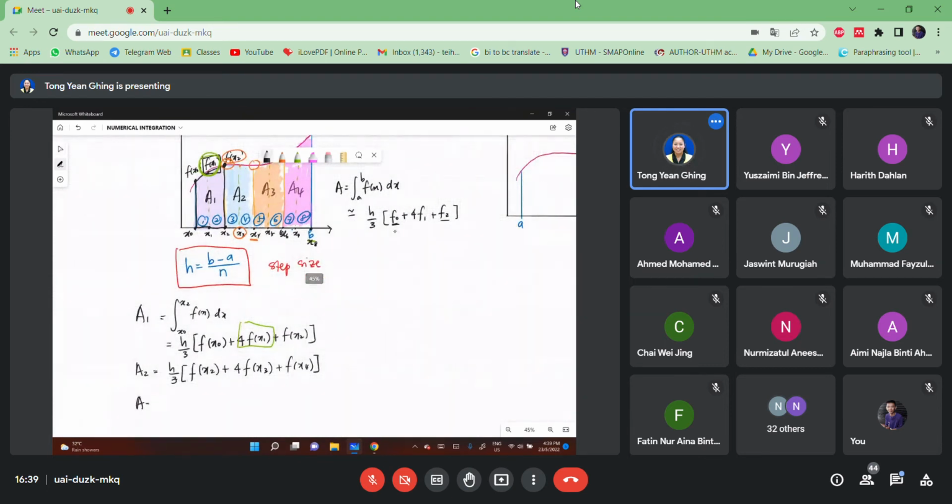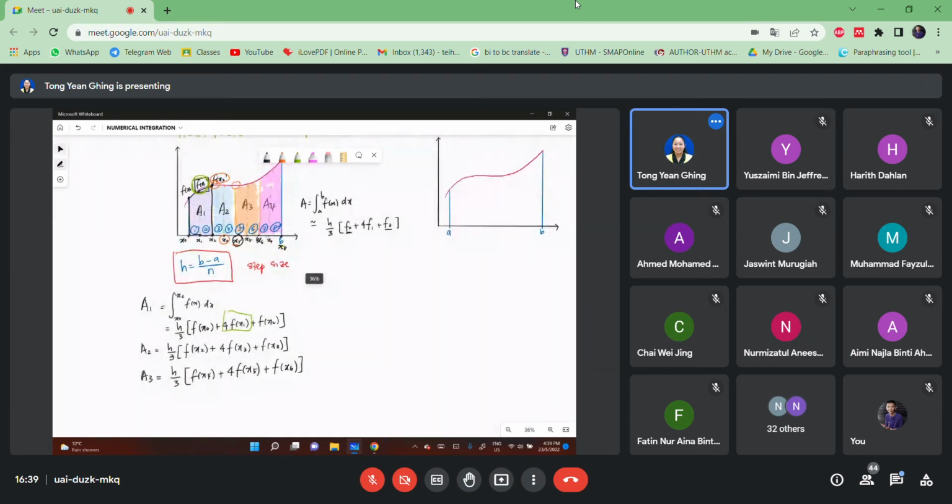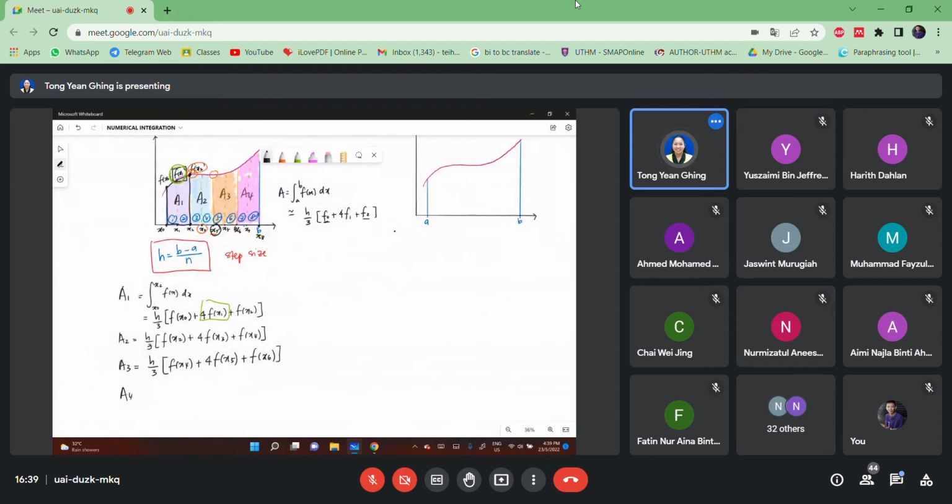Now A3 is H over 3, it starts from X4, and then in the middle is F X5 plus F X6. And then A4 is H over 3, F X6 plus 4 F X7 plus F X8.